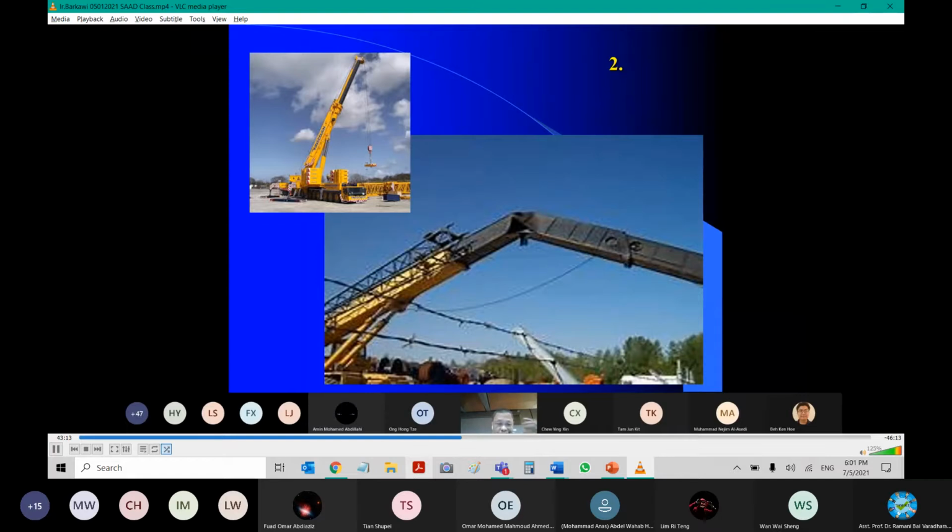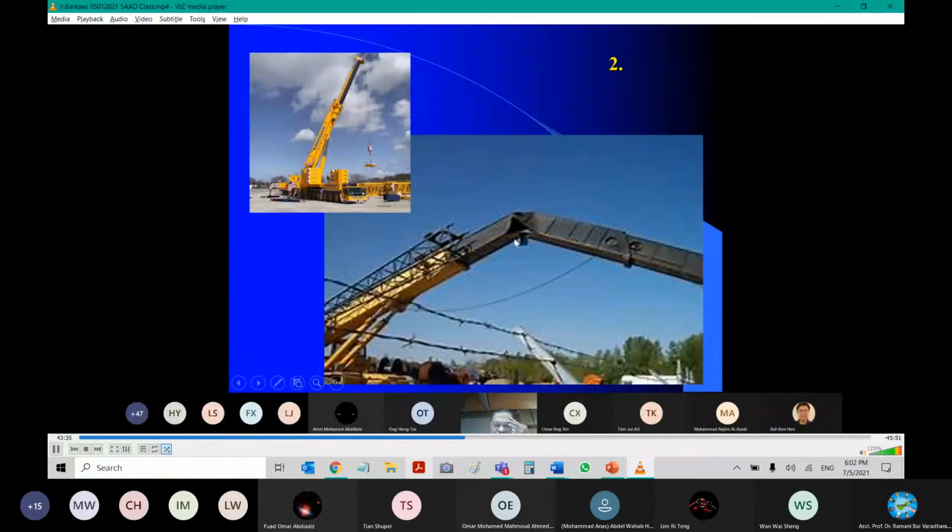Every day you see this one, right? In the construction site. Now, you would have thought that this sort of thing will never fail materially, right? But it does. This is one of the pictures of a telescopic crane that actually failed in bending.